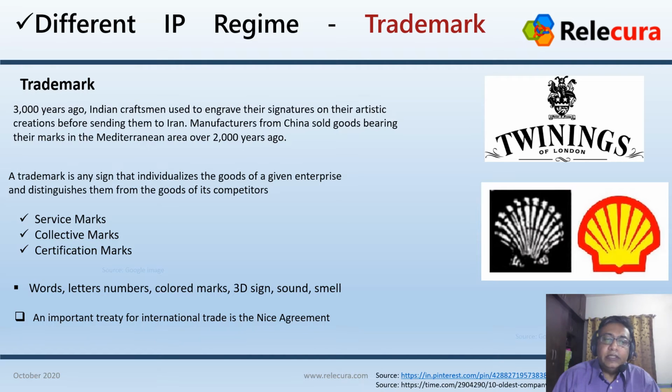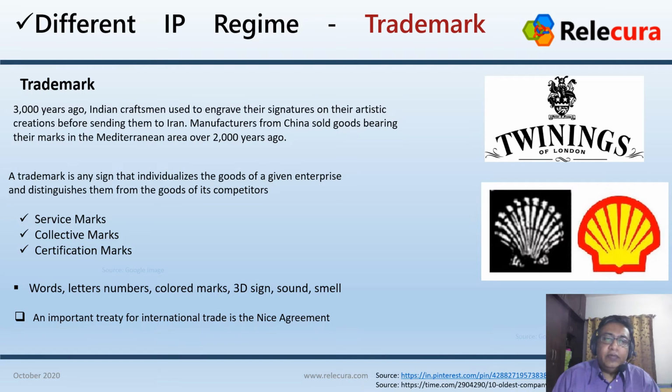A collective mark is a trademark which is given to an association. It is not given to an individual. That association can use that trademark and they can sell that product. But a certification mark is given to an individual and it is different from the collective mark.